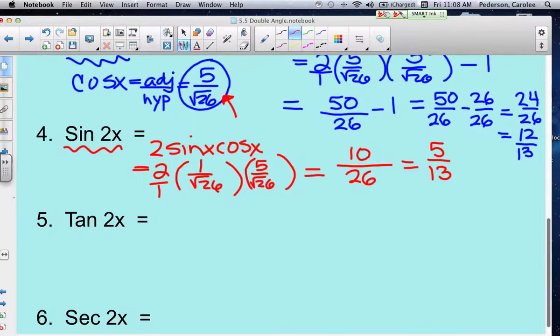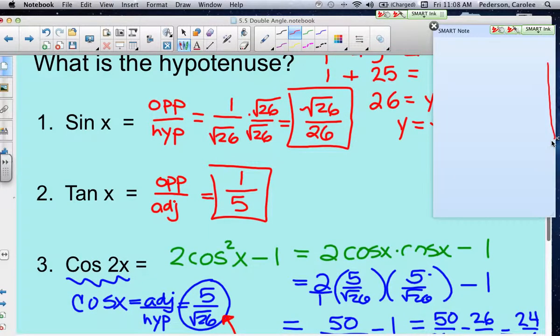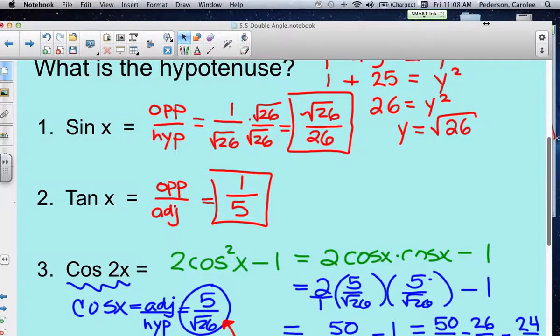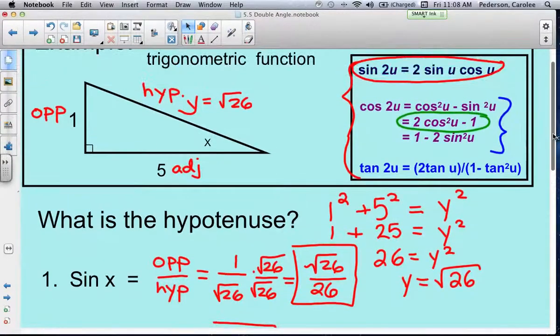Let's go ahead and do the tangent of 2x. Well, the tangent of 2x, keep getting these smart notes here. The formula for the tangent of 2x is 2 tangent of u over 1 minus tangent squared of u. So we're going to go ahead and replace that.